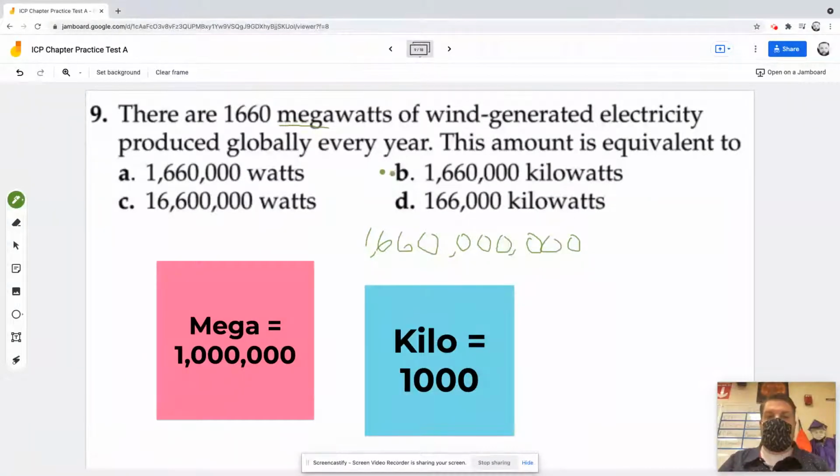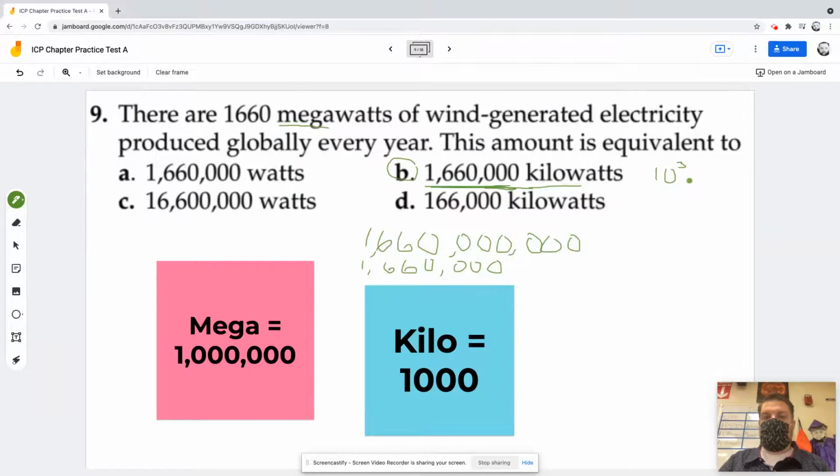Now, I think it's B because kilo means 1,000, which is 10 to the third, which means I have to follow this number with 3 zeros. So if I go 1, comma 6, 6, 0, comma 0, 0, 0, that's this number right here, isn't it?